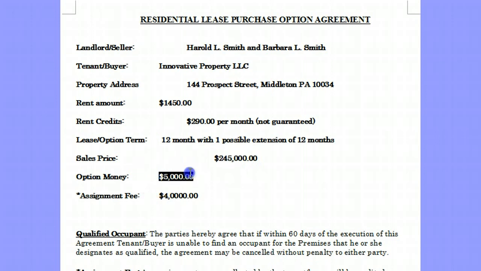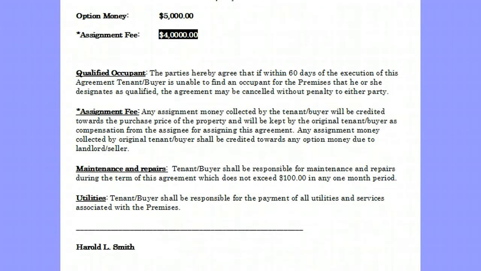Option money in this situation is $5,000. The assignment fee is $4,000 where the seller keeps $1,000.